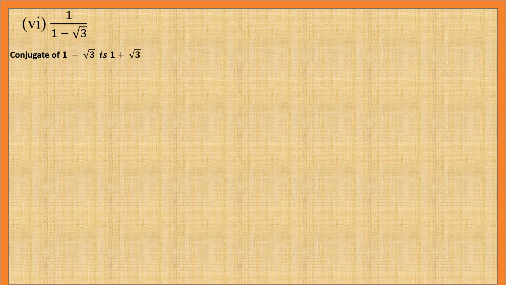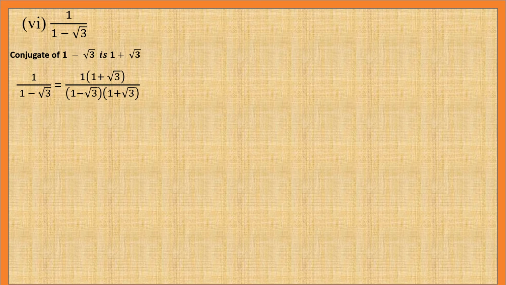Now we multiply the top and the bottom by the conjugate, that is, 1 over 1 minus root of 3 multiplied by 1 plus root of 3 over 1 plus root of 3.